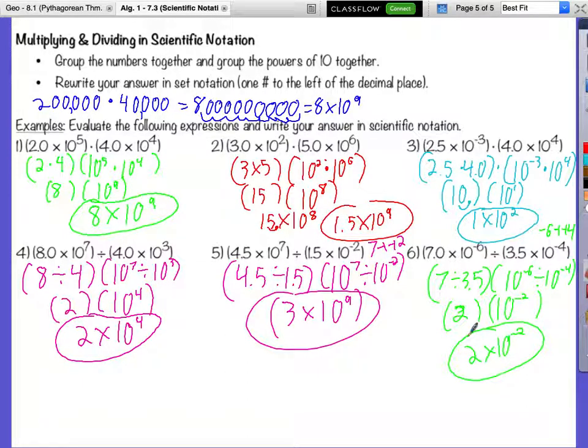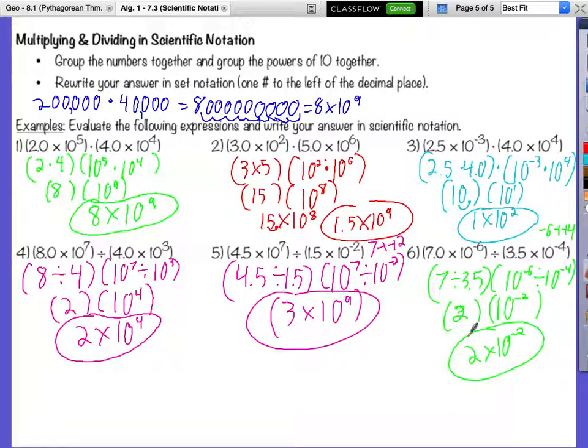Any questions on those? On your homework, look at numbers 19, 20, 21, and 22, the last 4. What operation do you see between the two parts? You see a dot there, right? Whereas on the others, you see just 2 parentheses next to each other. What do 2 parentheses mean next to each other?